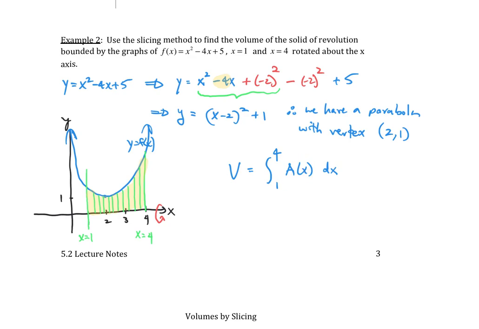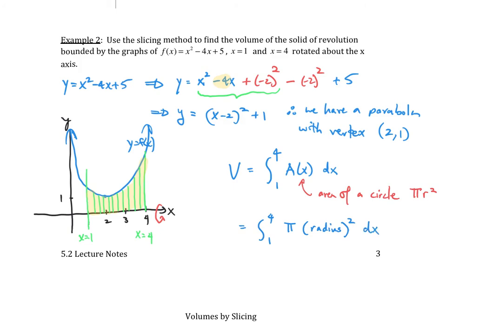Now, because I'm doing a solid of revolution, my cross-sectional area will be the area of a circle. And we know that the area of a circle is equal to pi times the radius squared. Okay. So let me write an extra step here. This is going to be equal to the integral from 1 to 4 of pi times whatever the radius is squared dx.